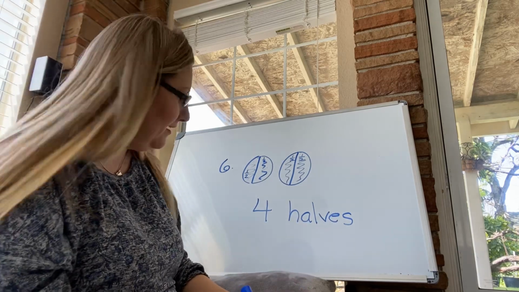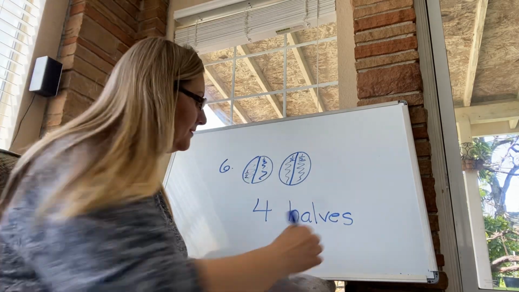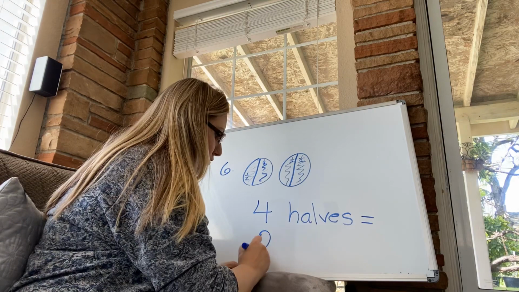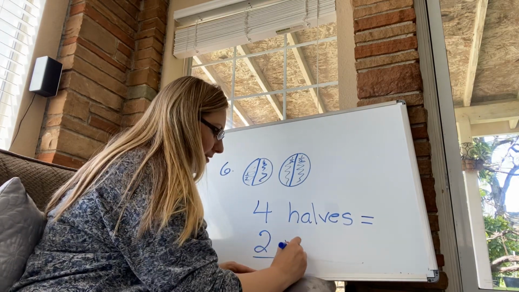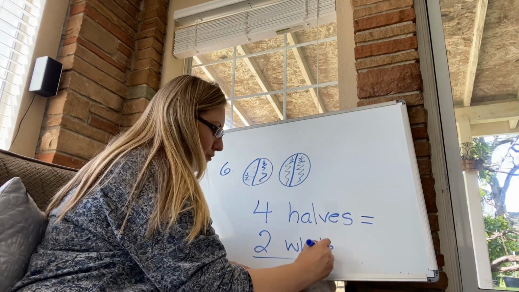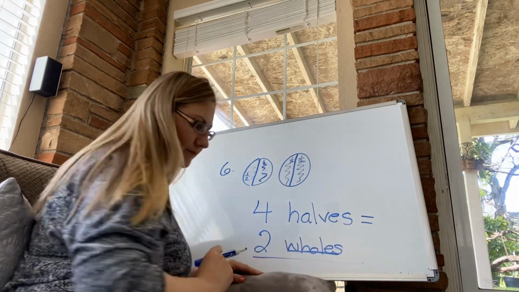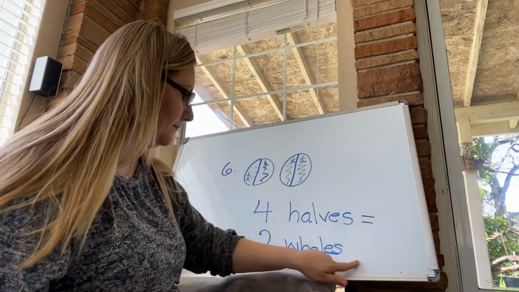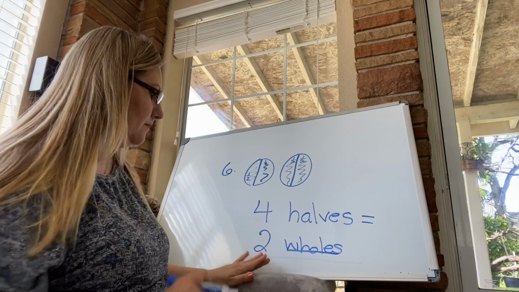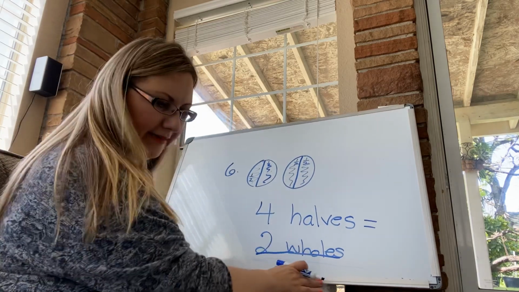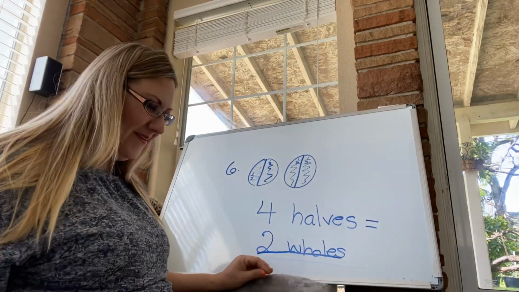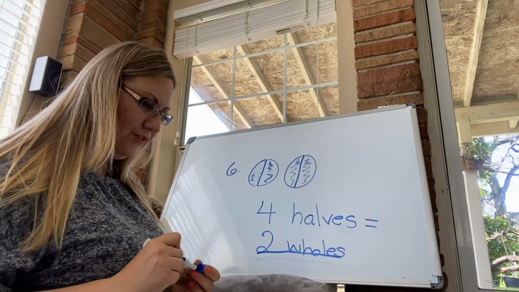They make 4 halves equals 2 wholes, and our answer is 2 wholes. There we go. Right on the line, neatly, please. Okay, so that brings us to number 7.